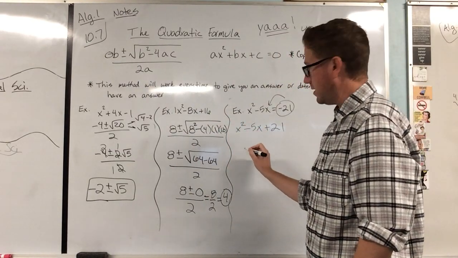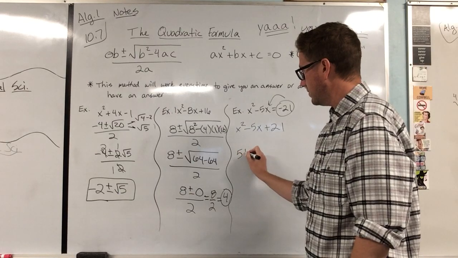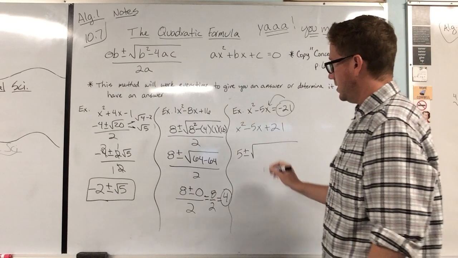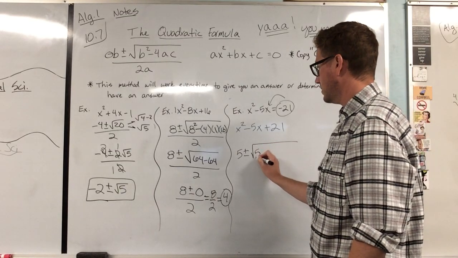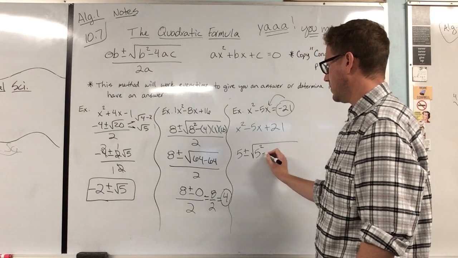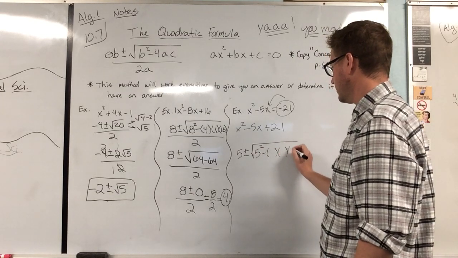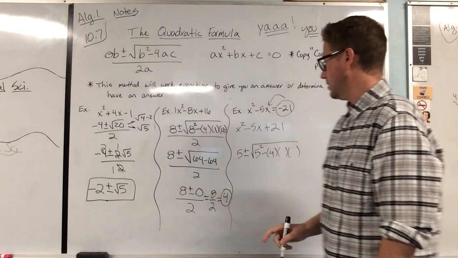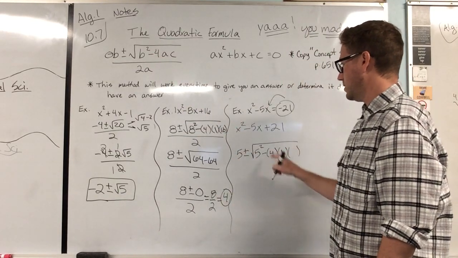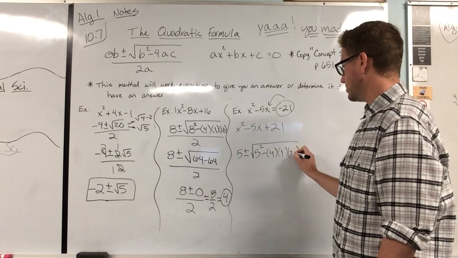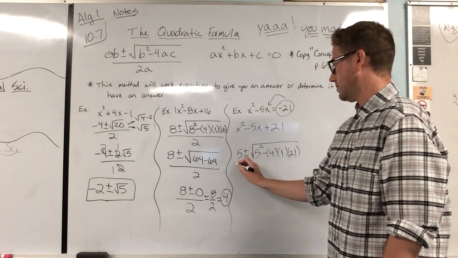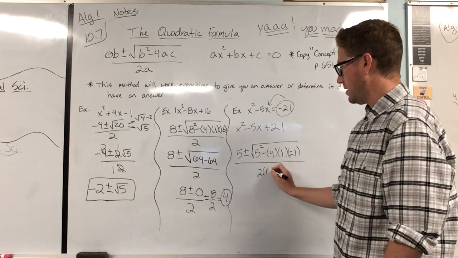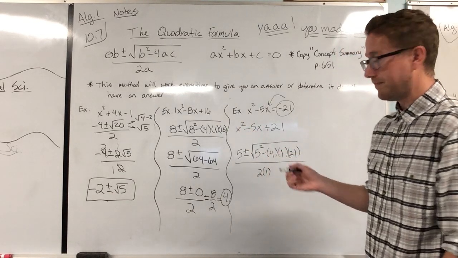So we have right here 5 plus or minus, and then a square root, and we're going to say that's b squared, that's 5, minus, and we have 3 numbers coming up. Remember, that 4 right there is that 4 right there. What's a? A is 1. What is c? C is 21. And that's all divided by 2 times a. And remember, in this problem, a is 1. So that's the same thing as just saying 2.